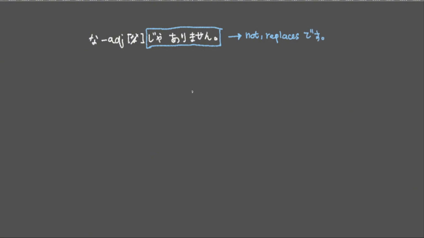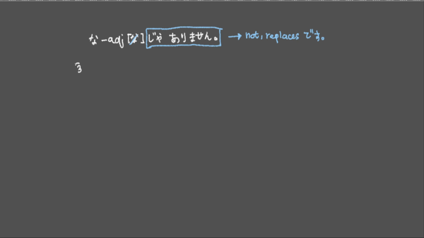Now, on principle, if we're using na adjective and it is followed by desu, we do not use the na, right? So it's the same principle applied in ja arimasen. If you want to change the form of the na adjective into a negative form, you use ja arimasen instead of desu.